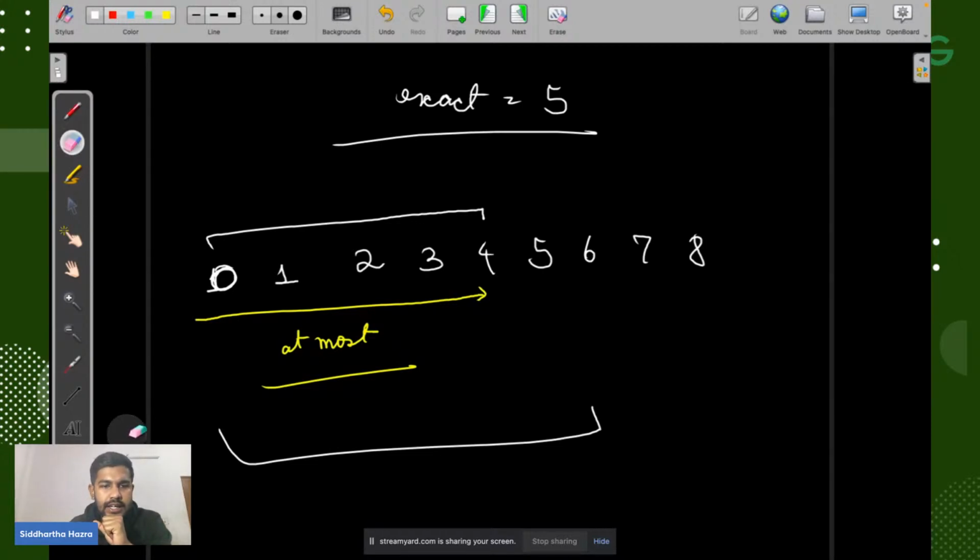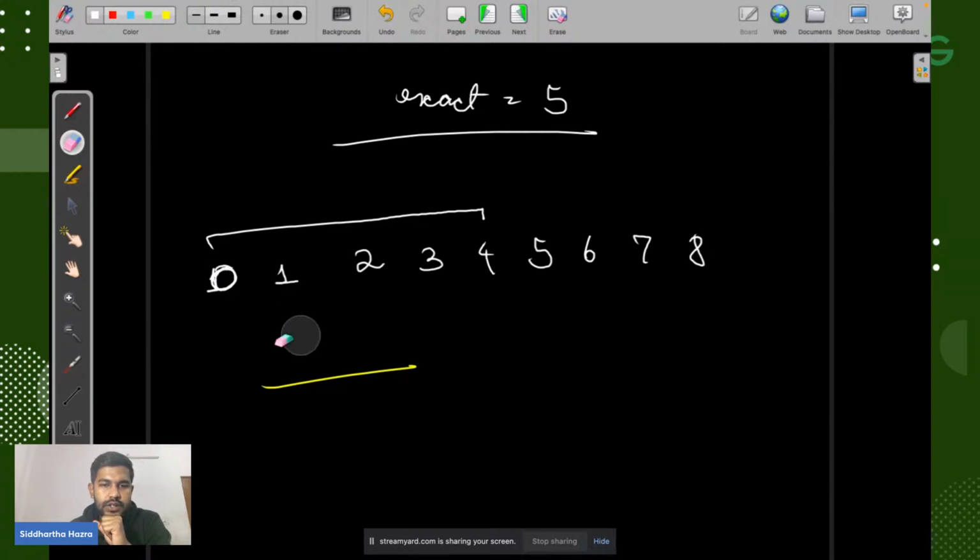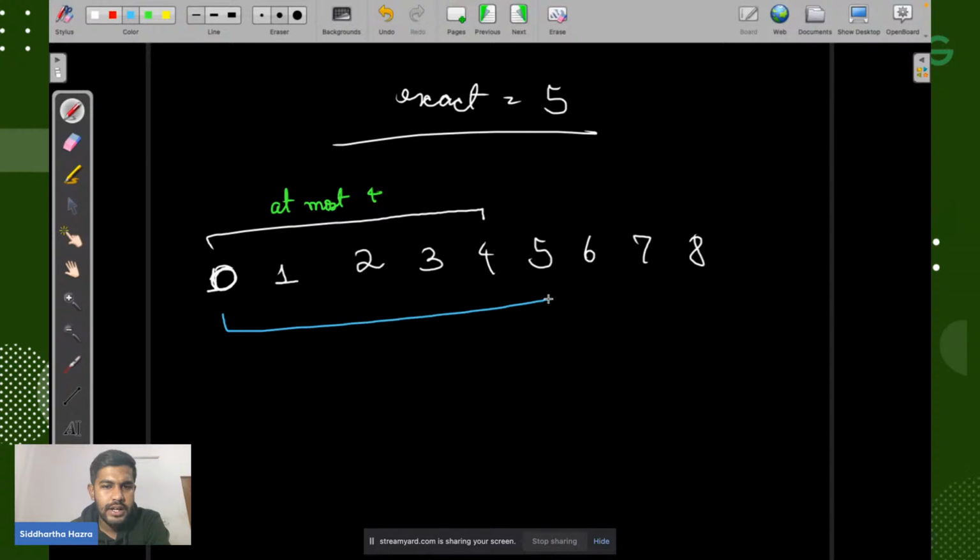Or I can say at most 4. Just remember this, at most 4. And I can simply have one more, at most 5.